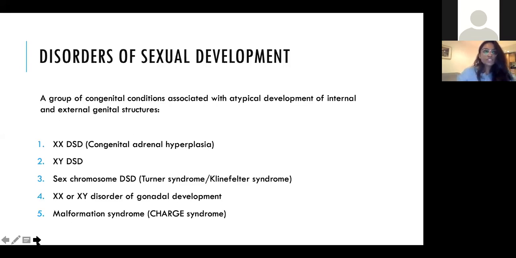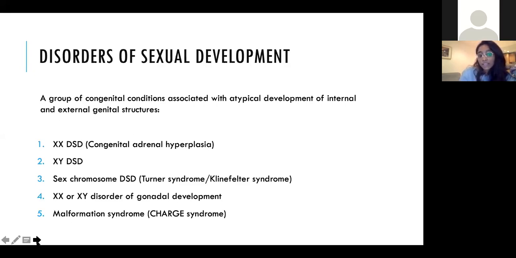But this is just to tell you that you can, again, divide into categories, and this will not just help you remember it, but also help you understand the pathway, or why this causes a disorder of sexual development.